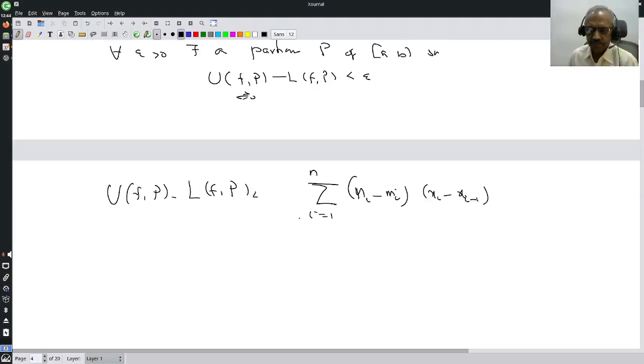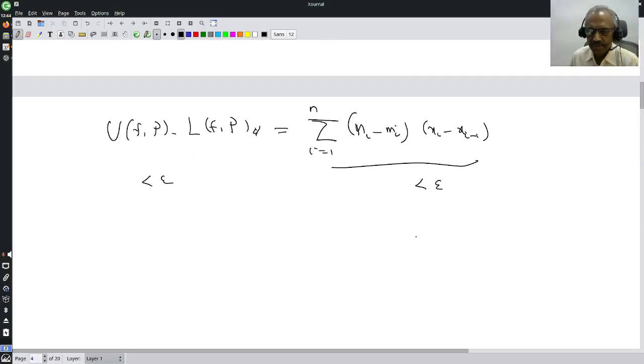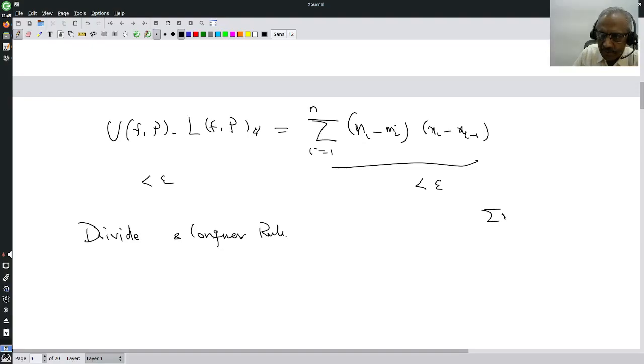So when I want to show this is less than epsilon, this is where what I call the divide and conquer rule comes in. For the given epsilon, notice that the total sum of (x_i - x_{i-1}), 1 to n, will be b minus a, the length of the interval. Therefore, this is a finite thing.